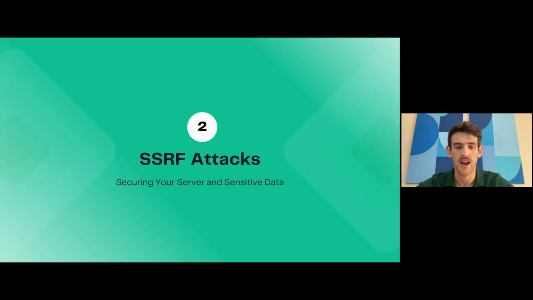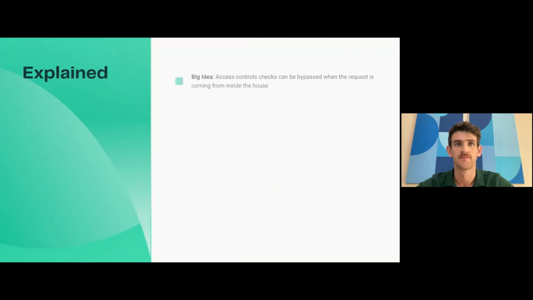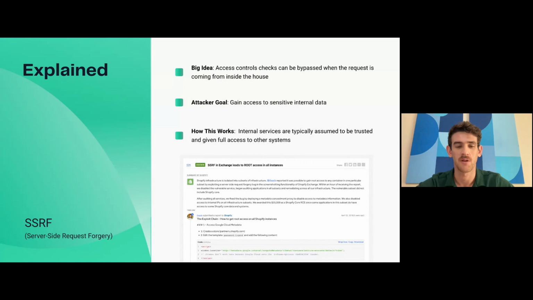So another big category of vulnerabilities that we've seen more recently are server-side request forgery attacks. There was an interesting one posted as a bounty and exploit on HackerOne, where an attacker was able to bypass expected checks. The idea here is that normally in your development environment, when you're running code on your server side, it's fully trusted, only you have composed the code and no bad things are going to happen.